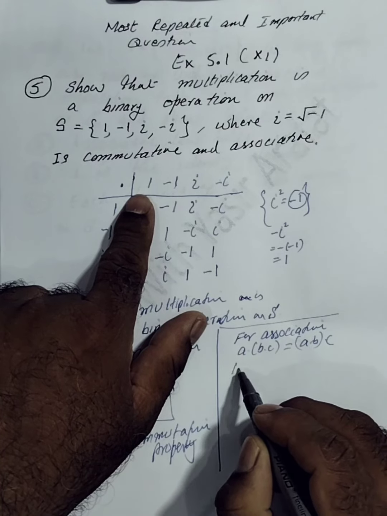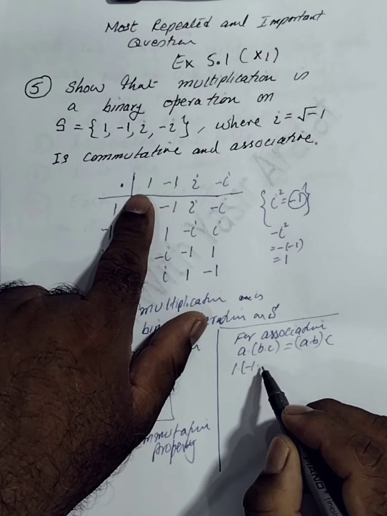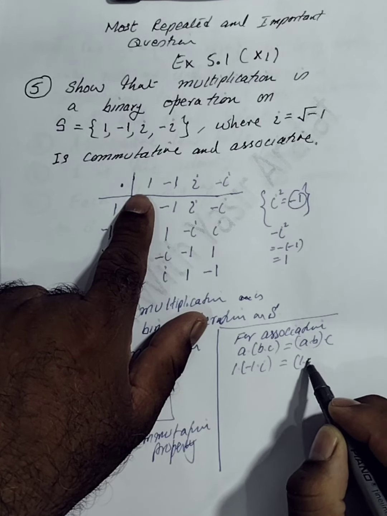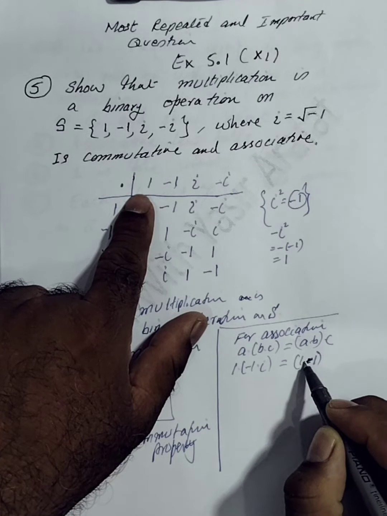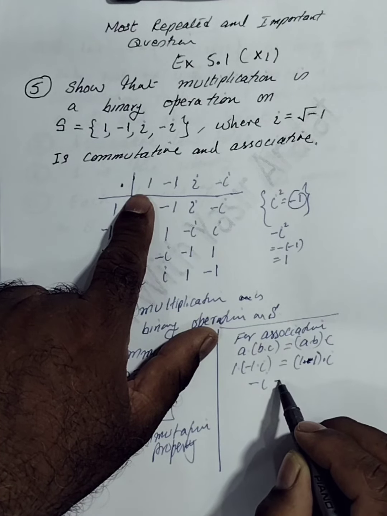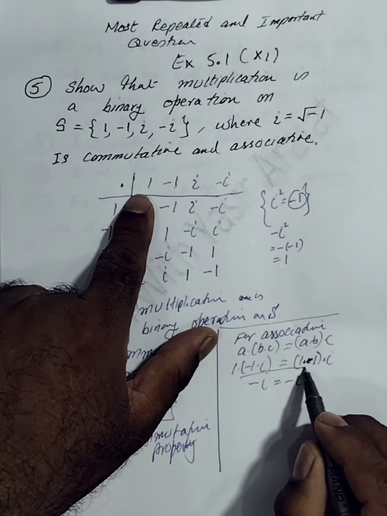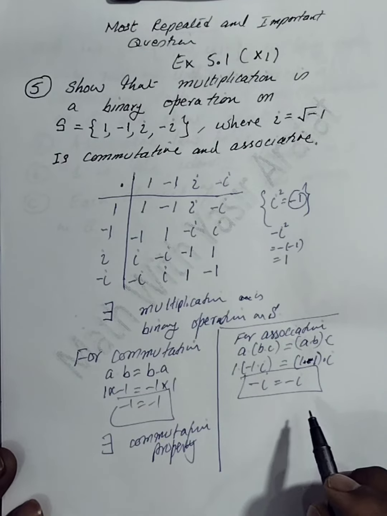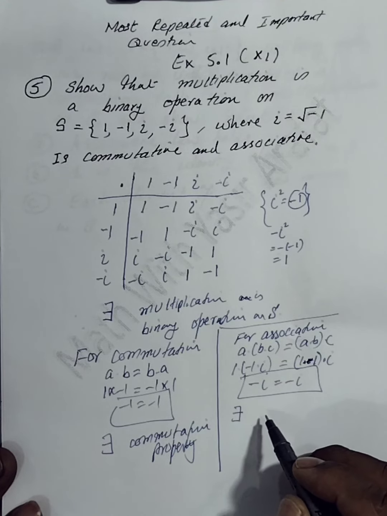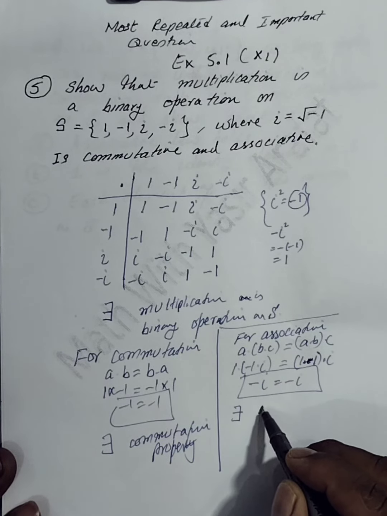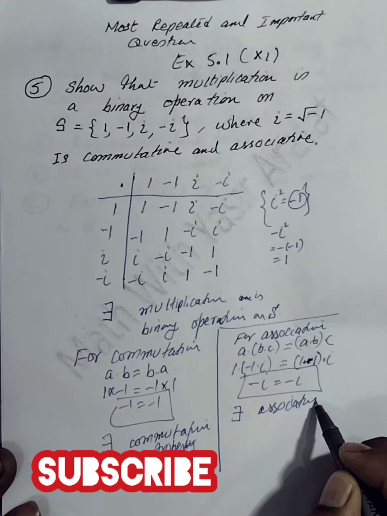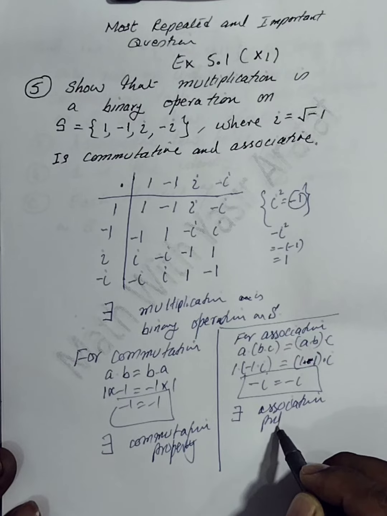That is (1 times -1) times iota equals 1 times (-1 times iota). This equals minus iota on both sides. So we can say that the associative property exists.